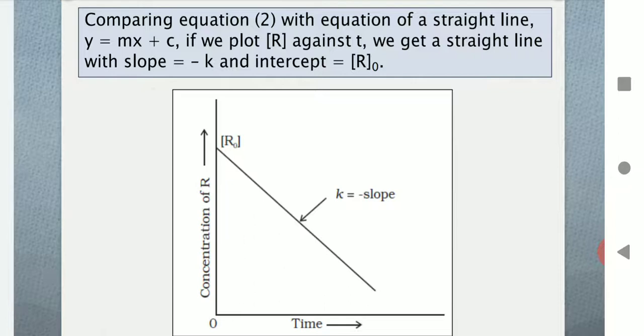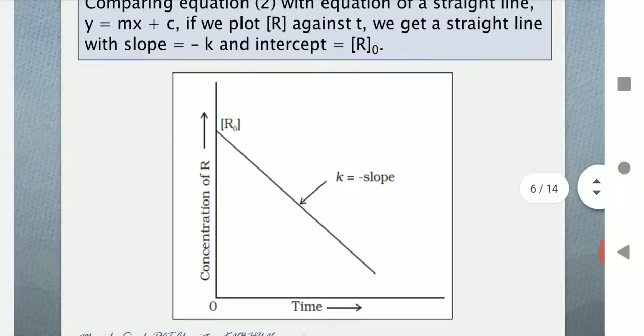If you get this kind of a graph, then you can predict the order of reaction even if it is not given that it is a zero order reaction, because such a graph between concentration and time will be obtained only for zero order reactions. So sometimes you may get questions where only graphs are given and they may ask you to predict the order of reaction.